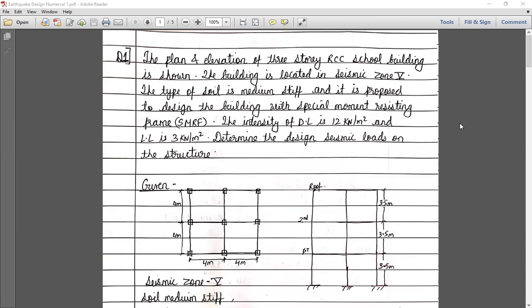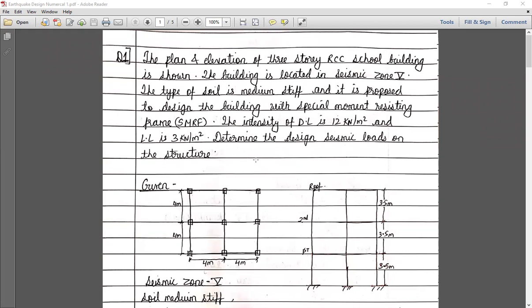The intensity of dead load is 12 kilonewton per meter square and live load is 3 kilonewton per meter square. Determine the design seismic loads on the structure. Yes, is the question clear everyone? I hope the question is clear to everyone. So basically what we have to do, we have to determine the design seismic loads on the structure.